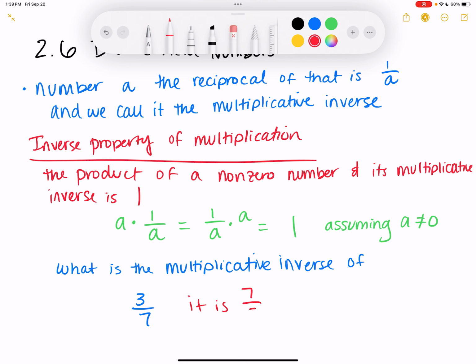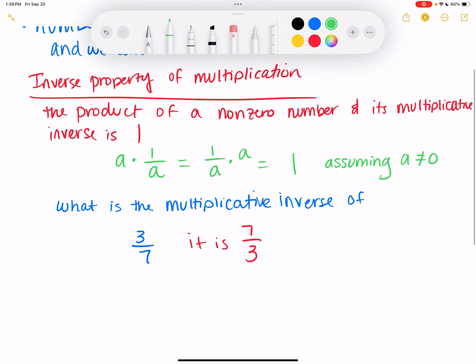Because if we multiply those two things times each other, so 3 over 7 times 7 over 3, what happens? 21 over 21, which is 1. Or I can cancel the 3's, I can cancel the 7's, and I'm left with a 1. So you can always check to make sure that what you have is really the multiplicative inverse because it should come out to be a positive 1.